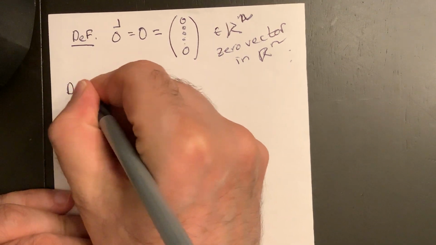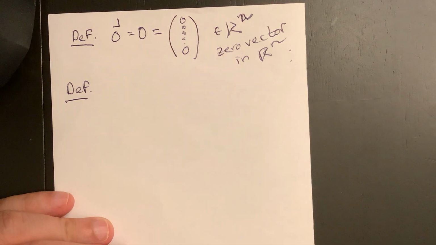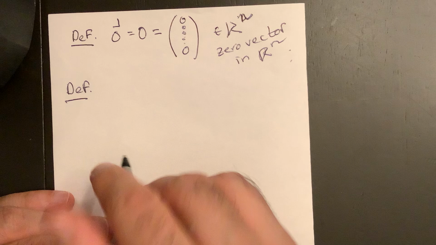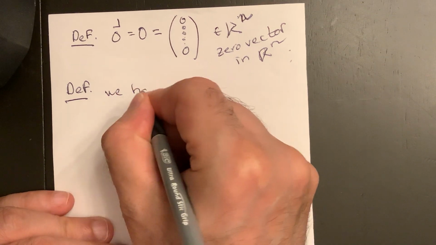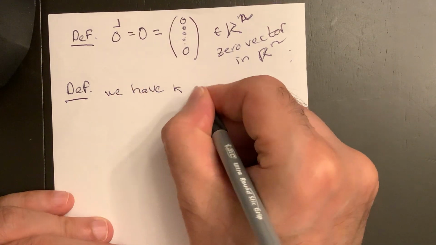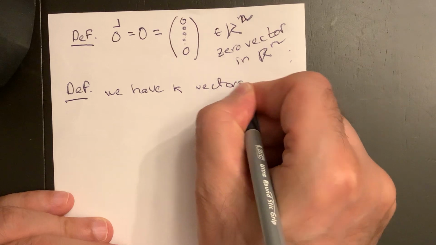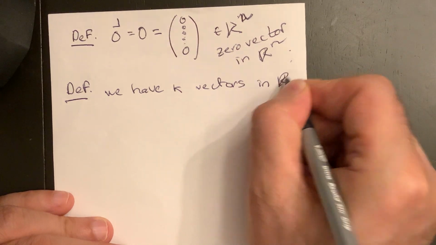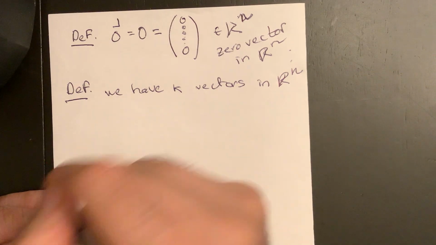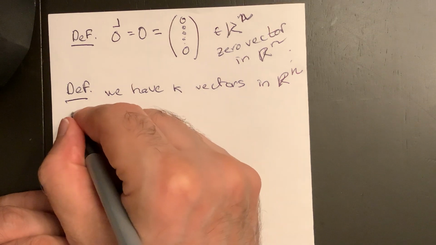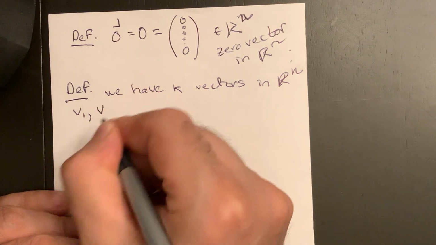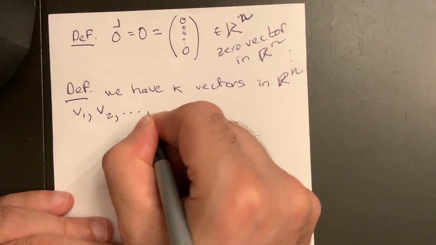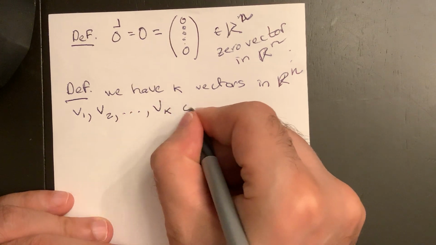Definition. Now let's suppose we have k vectors in Rn. Let's call them V1 through Vk. So before these were the elements, now they're the vectors, okay? These are all in Rn.